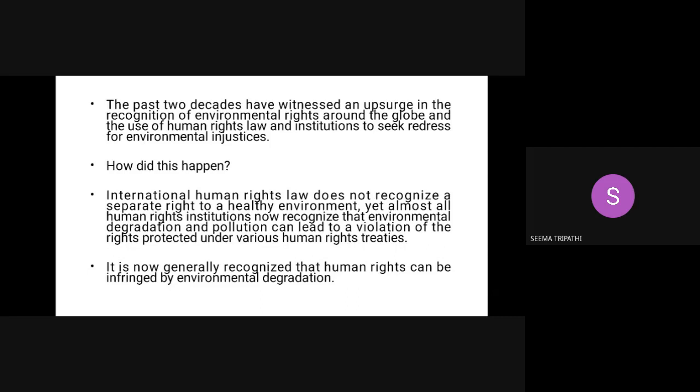It is not only we humans. As I already said, there are many other allied species who also have the right to live. Now when we talk about international human rights, we have been discussing human rights over many years, and the environment which is getting degraded because of our activities.